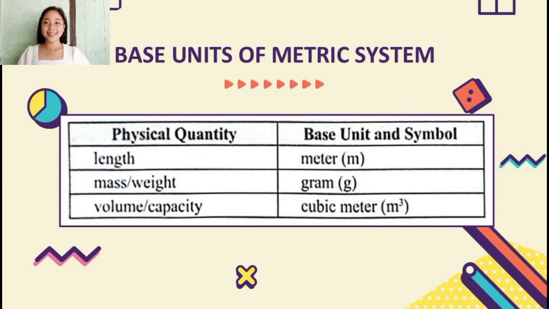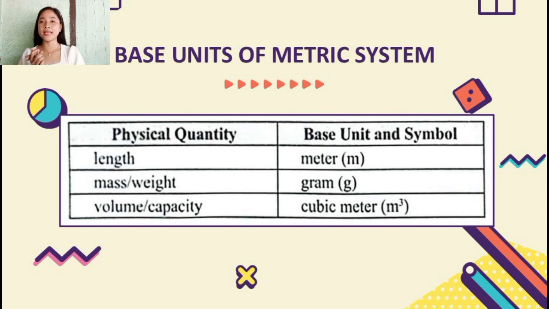The metric system is an international system of measurement that designates prefixes to a base unit to derive a new unit of measure. In the table, we can see the base units under the metric system. We can see that the physical quantities are length, mass, and volume.